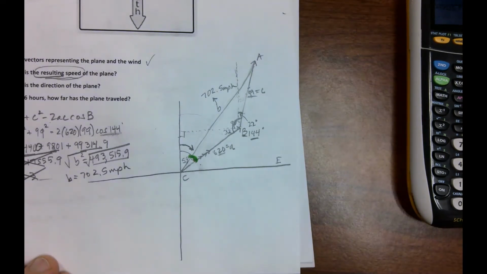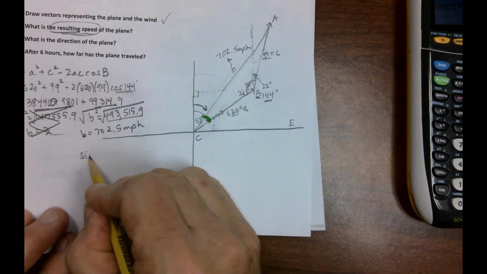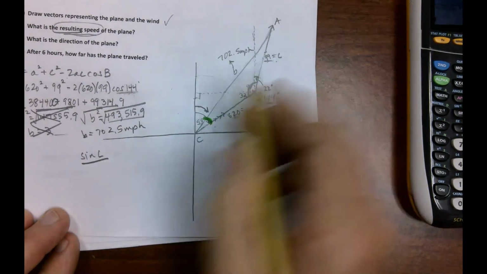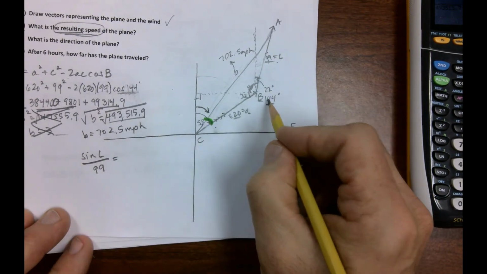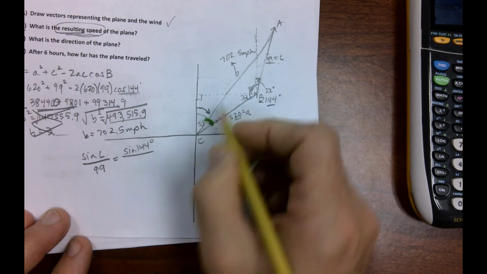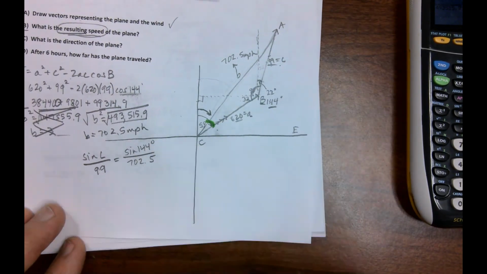Well, law of sines is going to come to our rescue. So we're going to go sine of angle C, that's this green angle, over side C, and then we can pick this one, sine of 144, all over the new speed we found, and just use the law of sines.